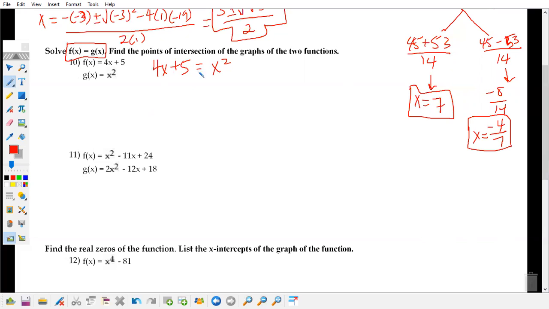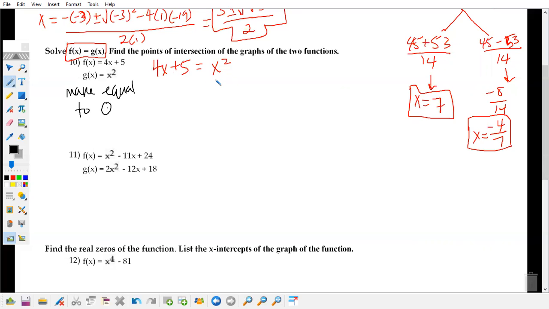Okay, because it's a quadratic, in order to solve, you want to make it equal to 0. So what do I need to do to make this equal to 0? If you move the x squared, it's going to be a negative.